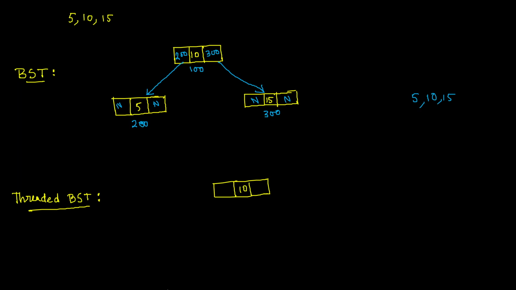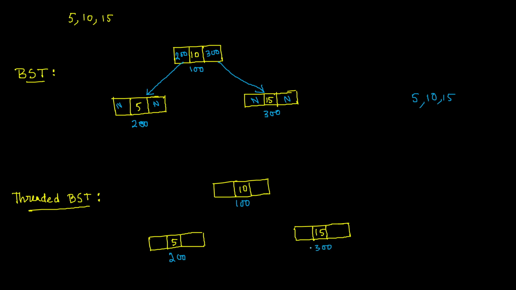In the left side we have 5, and here we have 15, obviously. Assume the same situation, the addresses of these nodes are 100, 200, 300.